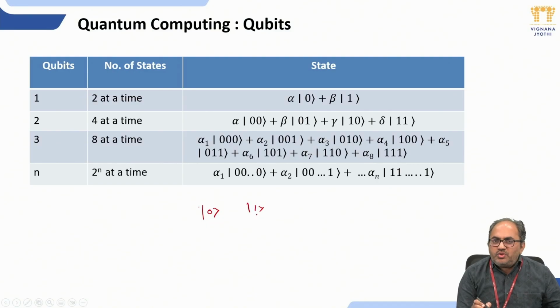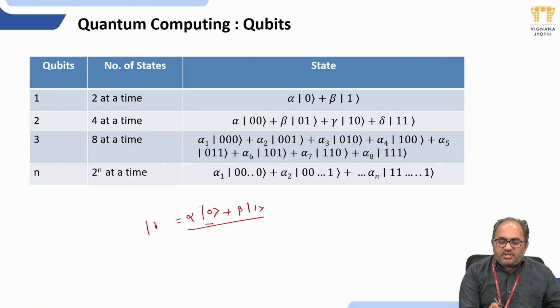When I say superposition, what do I do? I multiply state 0 with a number alpha and I multiply state 1 with another number beta and I add both of them. This is a superposition of state 0 and state 1. This we call a qubit.